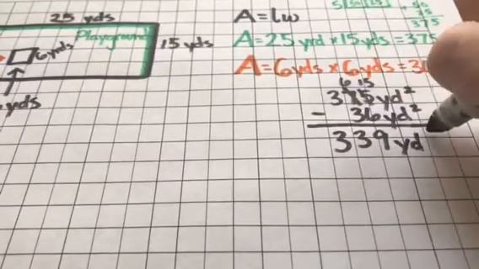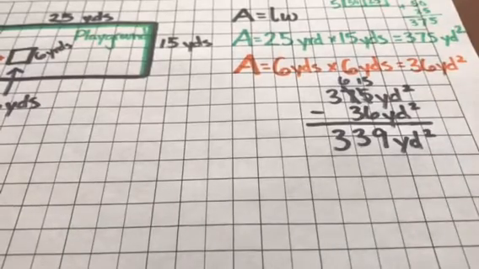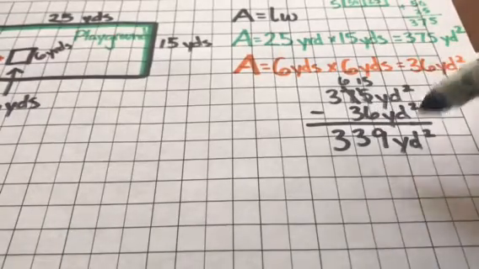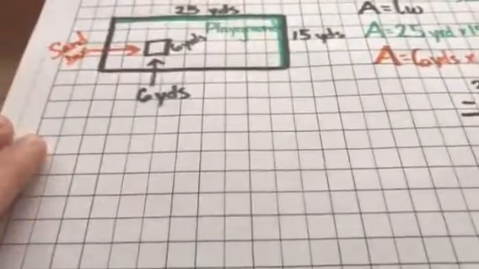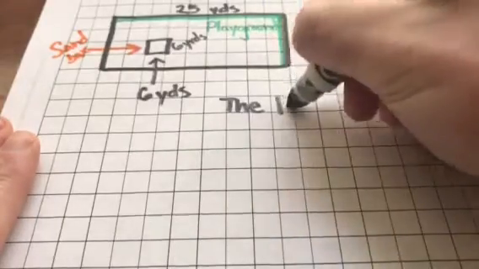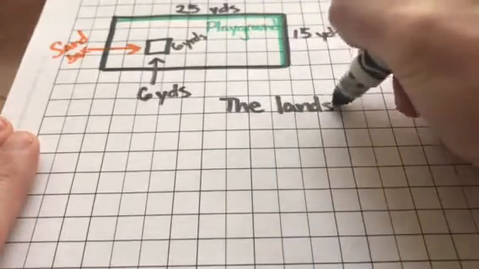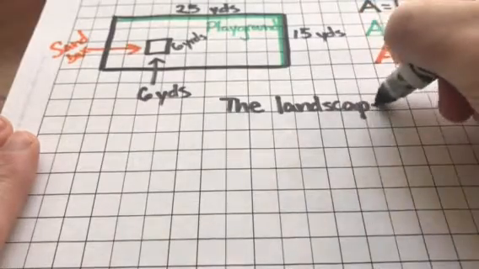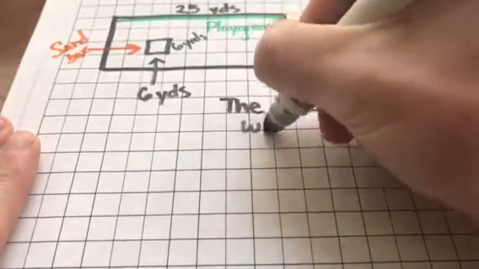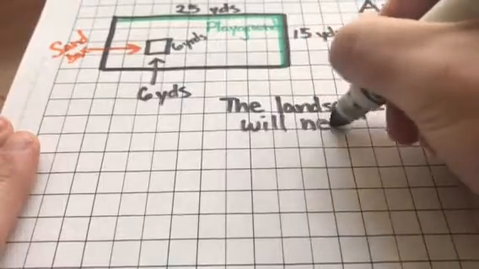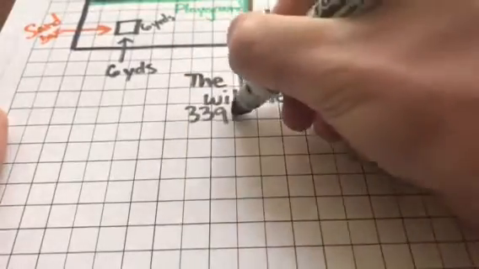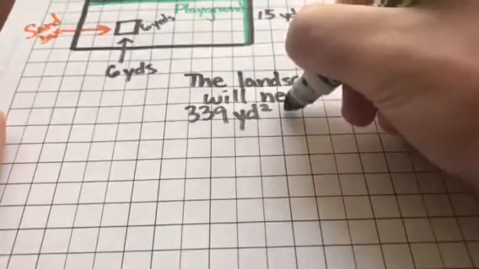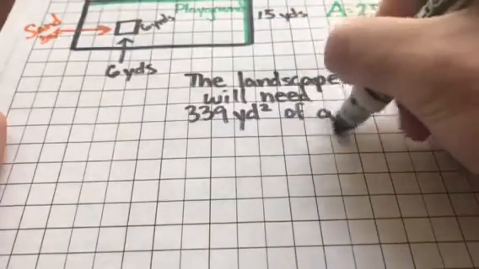So, if I put this back into the problem, 339 square yards, the landscaper will need 339 square yards of grass.